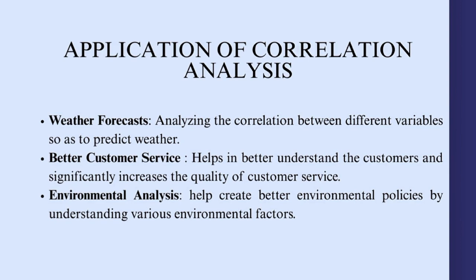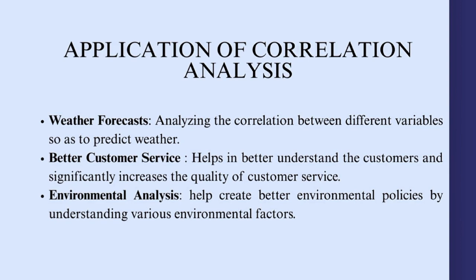Last one is environmental analysis. Environmental analysis helps create better environmental policies by understanding various environmental factors. So, correlation is used to understand the relationship between various environmental factors such as pollution, temperature changes, deforestation, and wildfire patterns.